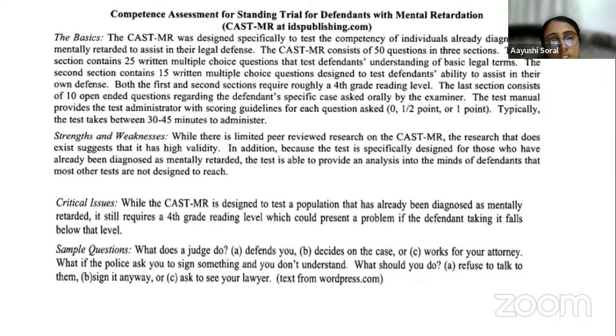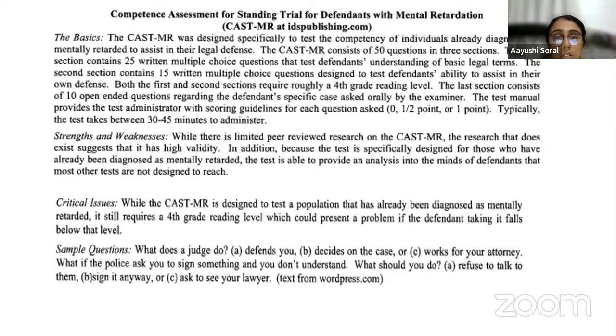The second section contains 15 MCQs designed to test the defendant's ability to assist in their own defense, like whether the convict is able to defend himself or herself. Both the first and second sections require roughly a fourth grade reading level, and the last section consists of 10 open-ended questions.